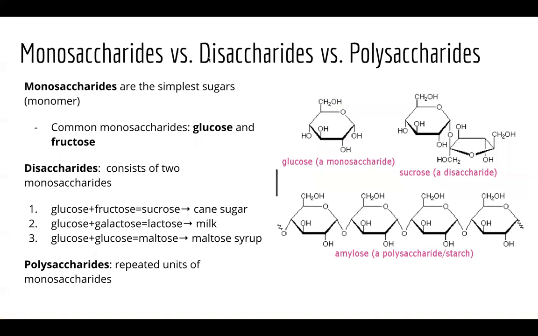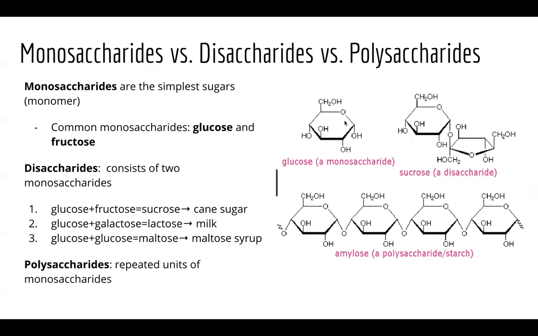Monosaccharides, disaccharides, and polysaccharides. I'm not sure if you've realized mono and poly, we've been mentioning them over and over in the past. Monomers, polymers. A monosaccharide is a monomer, and it is the simplest sugar that we can find, which is right here. The two common monosaccharides are glucose and fructose.